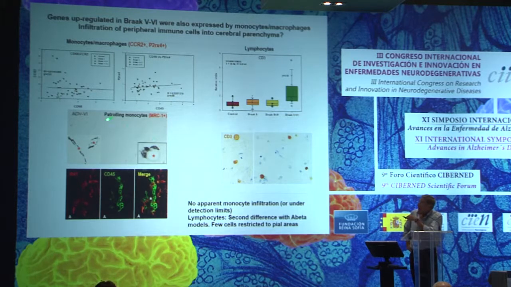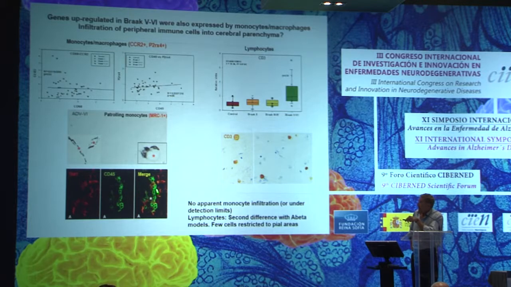Moreover, we tested the patrolling monocyte population using the mannose receptor 1, and as you can see here, the expression of this marker is exclusively restricted to the perivascular space. And we did not observe any infiltration in the parenchyma. The same is true for the CD45 high expression.